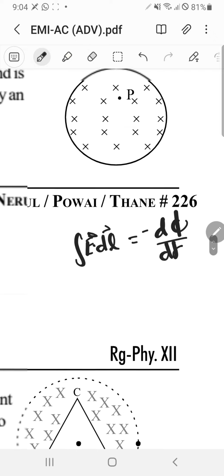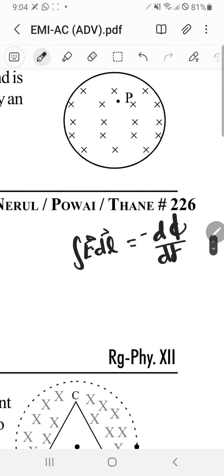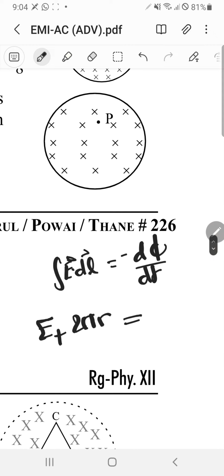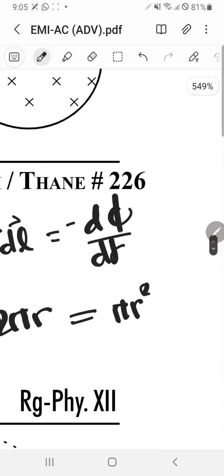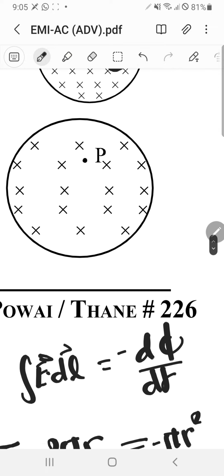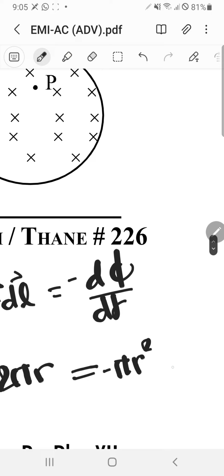I'm just gonna use Faraday's law and say that this is E tangential times the length, which is 2 pi r, that's equal to negative d flux upon dt. Well, yeah. Oh shit, what's the area? Pi r squared, right? Negative pi r squared, and then d magnetic field upon dt.